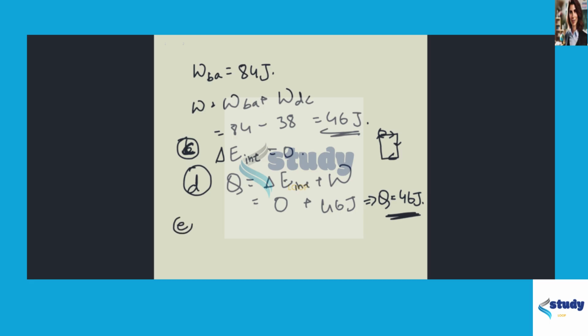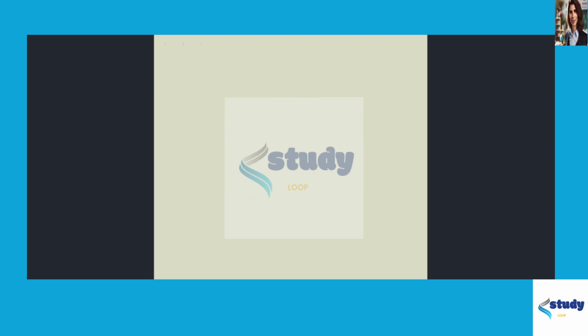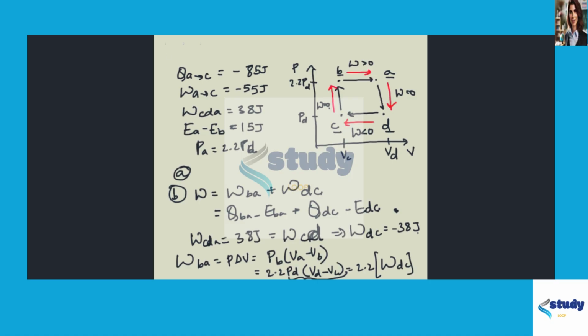Now for part E, we need to find the efficiency. Efficiency is a little trickier. Efficiency is work done by the system divided by the heat supplied to the system, that is the heat that was expended in doing this whole cycle, times 100. So in our case, heat is supplied to the system only during DC and CB.